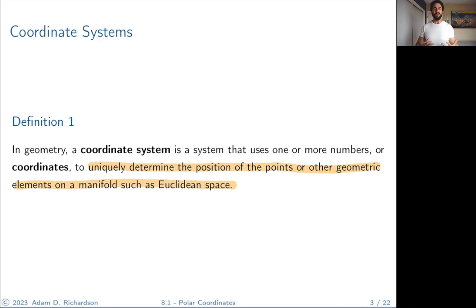And you don't really need to know what manifolds are in this class, but the idea here is that Euclidean space, which is the space that you've been working with since you were a kid, is a manifold. So these ideas you can actually generalize to things that are different than Euclidean space, which some of you are going to see later on in your careers. But the main idea is that we're going to use one or more numbers to determine the location of a point. That's really what it is.